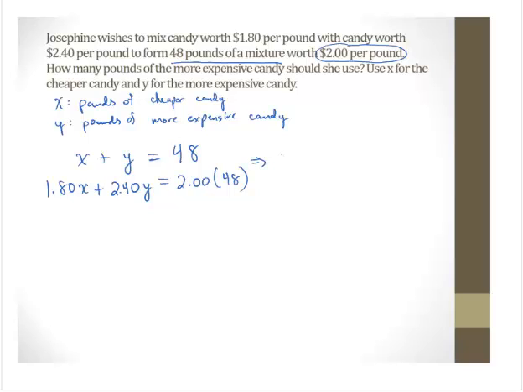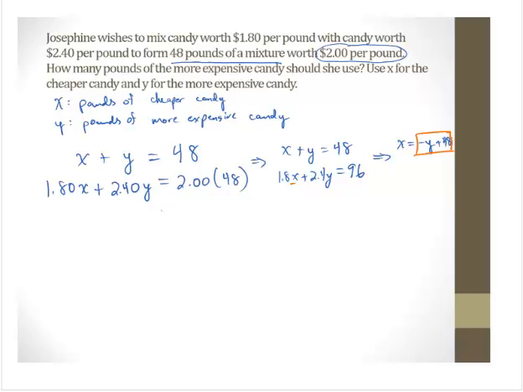We have X plus Y equals 48, and 1.8X plus 2.4Y equals 96, since 2 times 48 is 96. Again, I'm going to use a substitution because that's the easiest method that I see. Since X plus Y equals 48, I'm going to write X equals negative Y plus 48, and that's what I will substitute in the other equation.